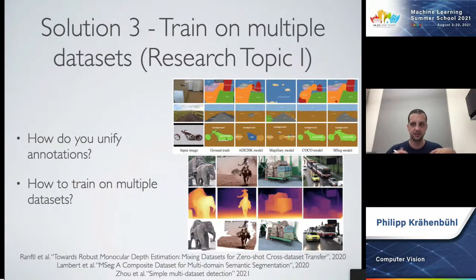Here, the goal is to collect all the data sets that people ever collected that, for example, do monocular depth estimation, which is trying to figure out how far a certain pixel is from the camera from just a still image, and combine them into a large data set. Or you can do the same thing with semantic labels, and combine them into one common data set.